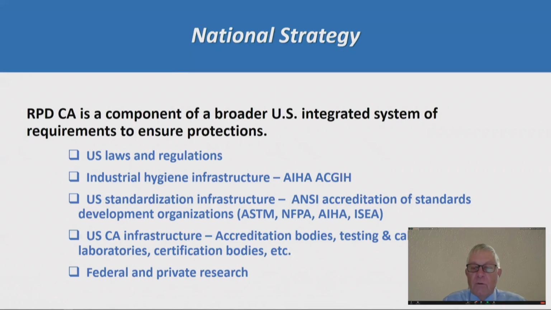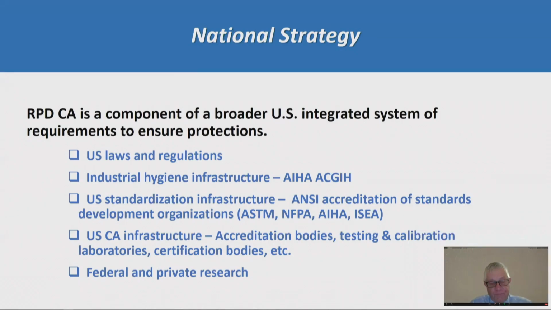My third and final topic is a national strategy. For non-traditional RPD users, including the public, there is no centralized recognized authority, as there are for occupational uses with OSHA and MSHA and DOE. For non-traditional uses, there's no single agency or agencies identified, but there are multiple agencies that have some type of jurisdiction, including NIOSH, the FDA, the Consumer Product Safety Commission, and today, Homeland Security.